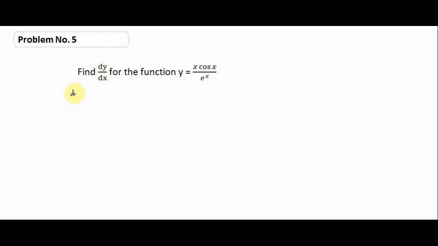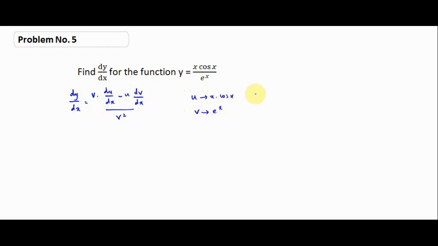So dy by dx will be equal to, as per quotient rule, dy by dx will be equal to v into du by dx minus u into dv by dx, whole divided by v square. Okay, so let's take u as x into cos x and v as e raised to x.